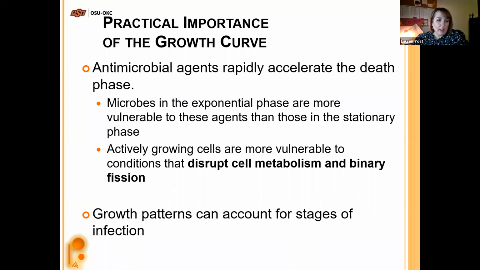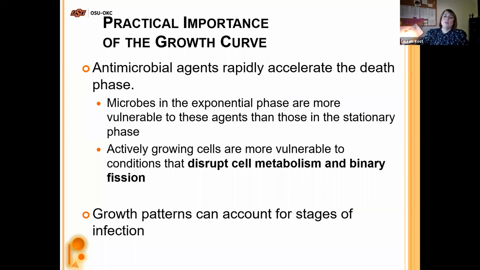So antimicrobial agents can rapidly accelerate the death phase, obviously, because they're going to create more of those limiting growth factor situations. Microbes in the exponential phase are actually more vulnerable to those agents because they're actively dividing. So you can inhibit at that point, because if you add in something that's going to stop them from growing, typically a lot of them are going to affect them when they're growing, like stop them from producing proteins or nutrients, or affect their cell walls.